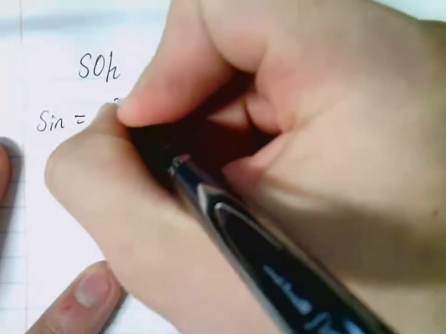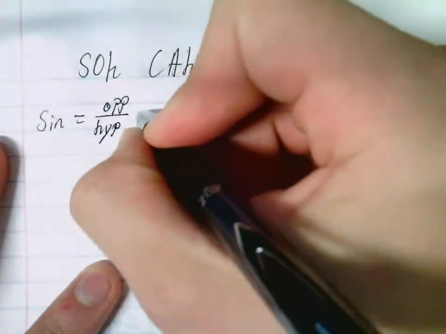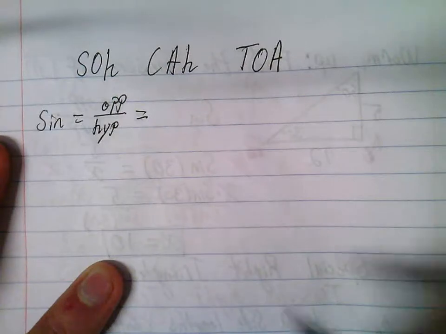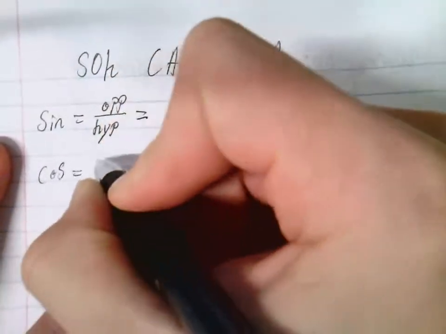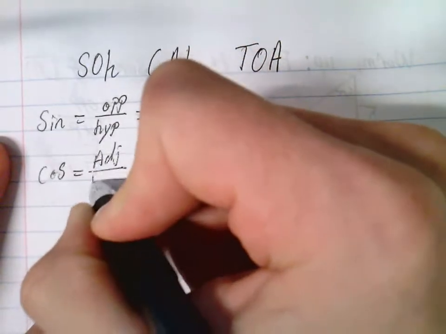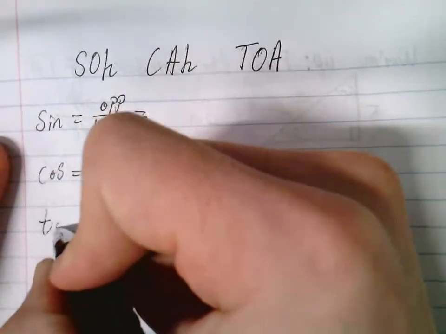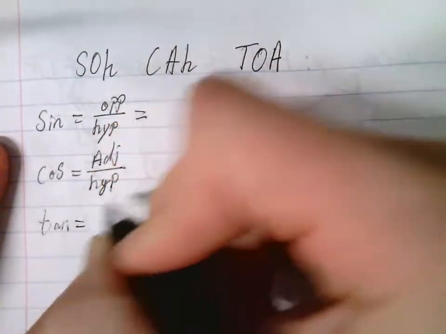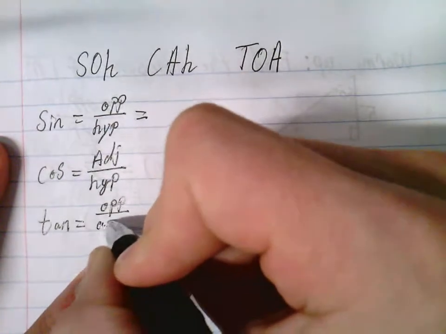Sine is opposite over hypotenuse. And cosine is adjacent over hypotenuse. And tangent is opposite over adjacent.